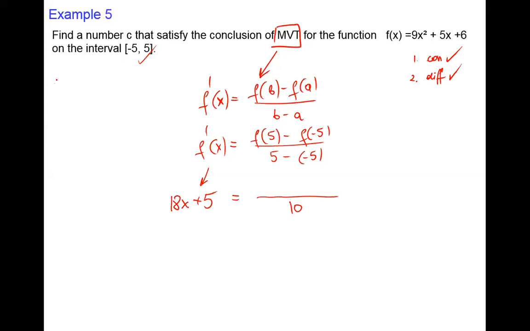What is the value of f of 5? 9 times 5 squared plus 5 times 5 plus 6. Who can compute this one for me? 9 times 25 plus 25 plus 6.